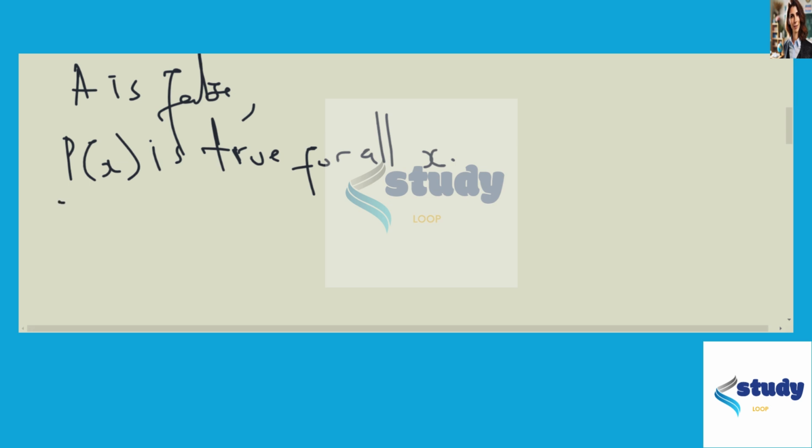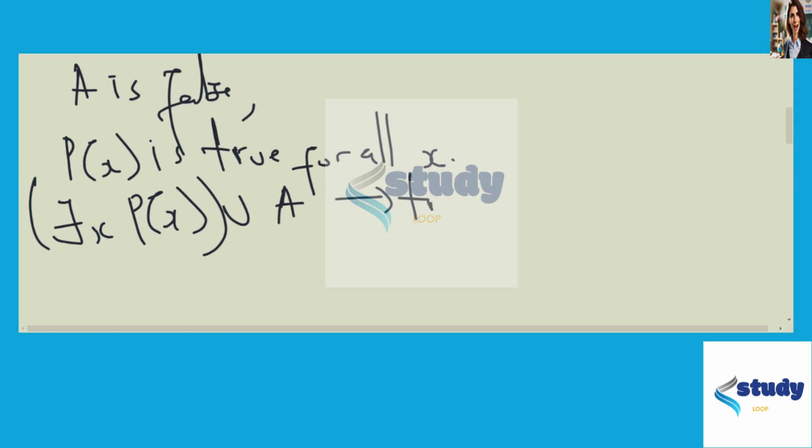And we have there exists some x where P of x disjunction A will be true. So similarly, for all x, P of x disjunction A is true.